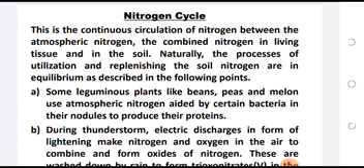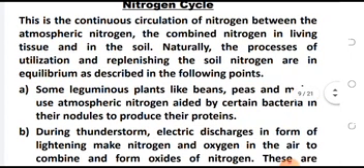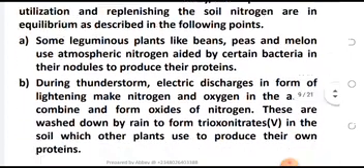So this is all we are talking about in the nitrogen cycle, and they have been summarized into certain points which are highlighted below. So let's look at them one by one.